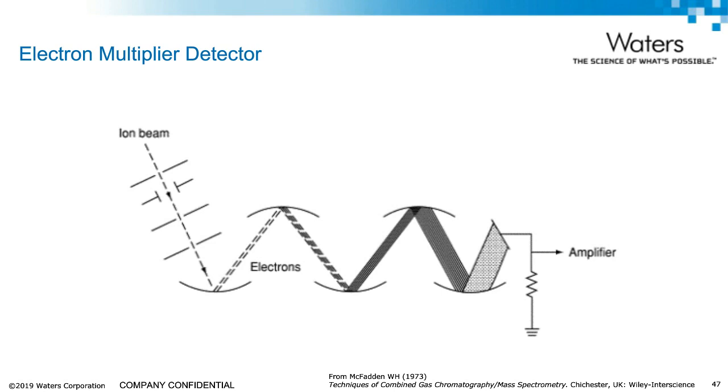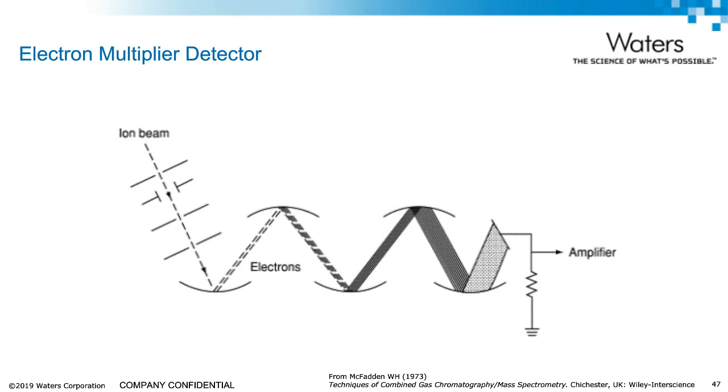Each electron that hits a dynode produces several electrons from that surface. These multiplications produce a current, which is detected at the cathode, and an ion strike is magnified by up to 1 million times. It is this current which is translated into the signal seen in the mass spectrum.